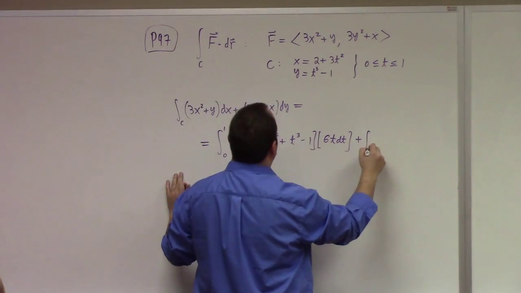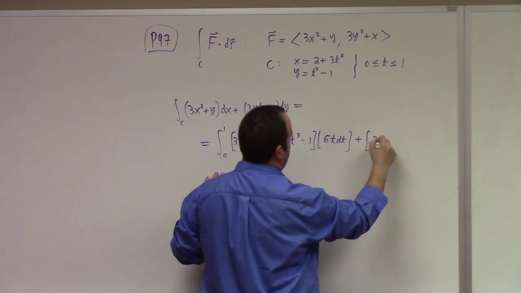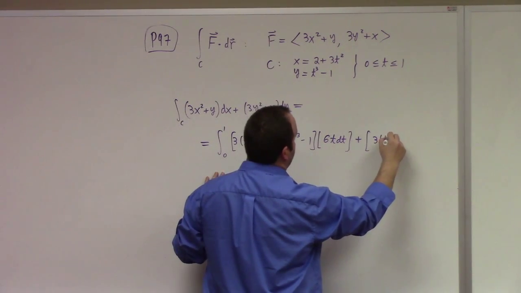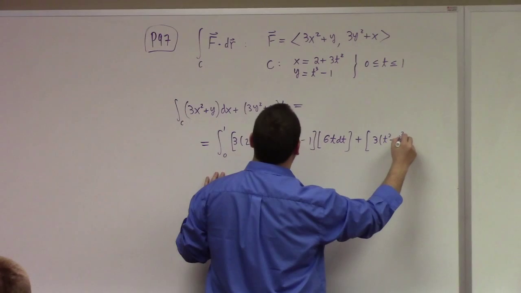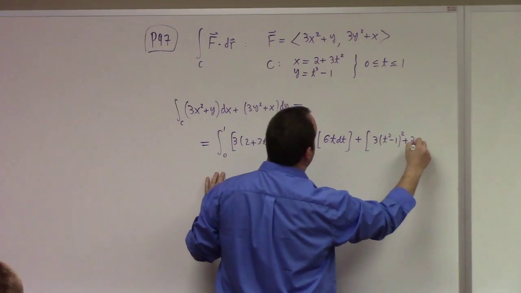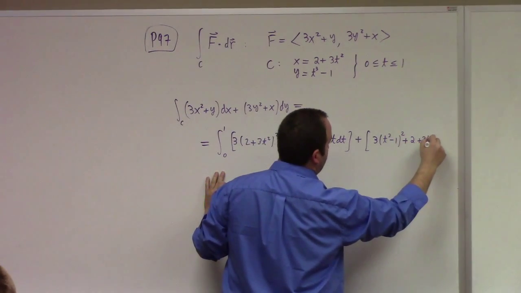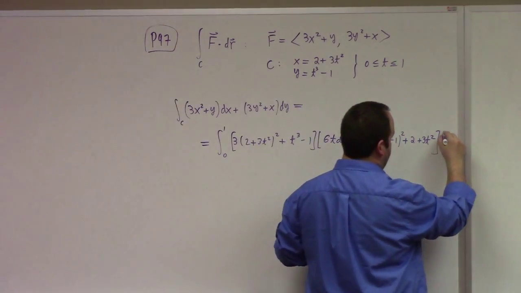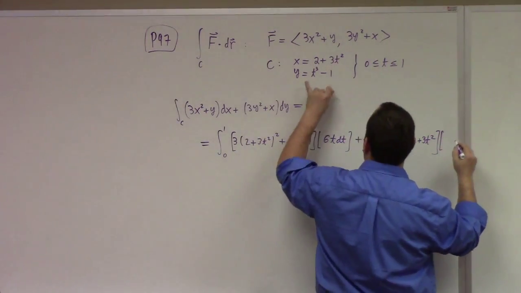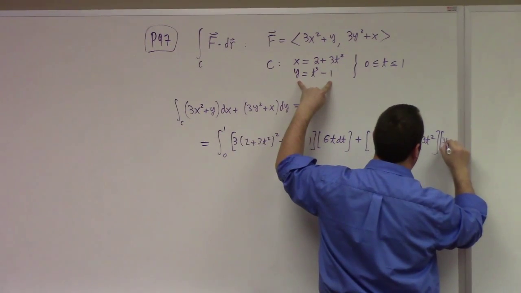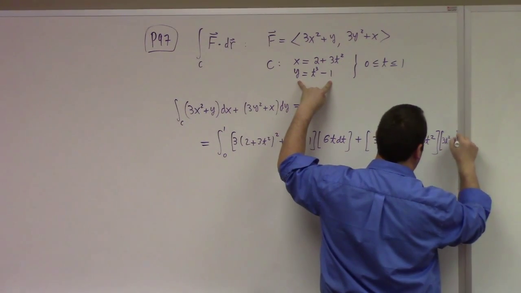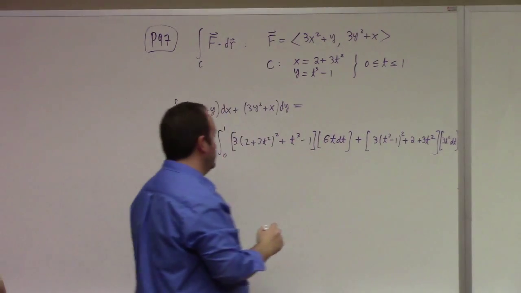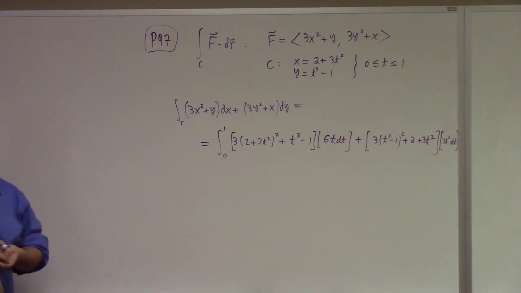Plus 3y squared, which is 3 times (t cubed minus 1) quantity squared, plus x, which is plus 2 plus 3t squared, times dy. What's dy? It's 3t squared dt. There you go. Multiply it out and integrate.